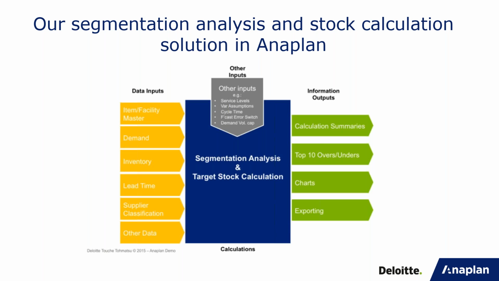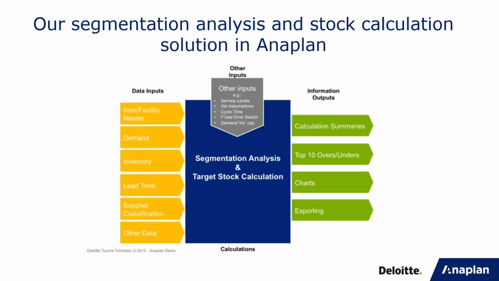So moving towards the demo that I'm going to show you today, this is, I'd say, a conceptual overview of how it all hangs together. We've got inputs, a calculation engine, and then a series of key outputs that we take out of the model. If you're asking what data goes in, really it's a list of all of your products, your SKUs, and a roll-up that you use to group them.